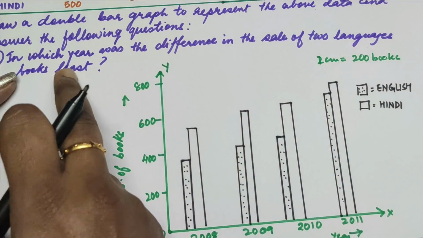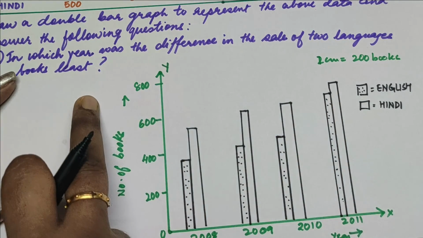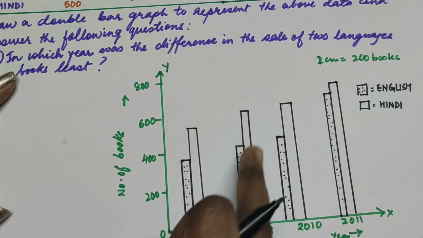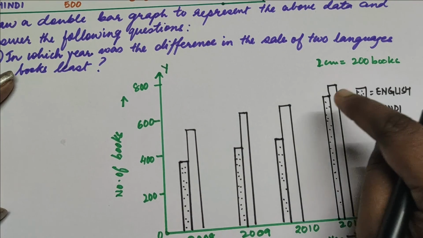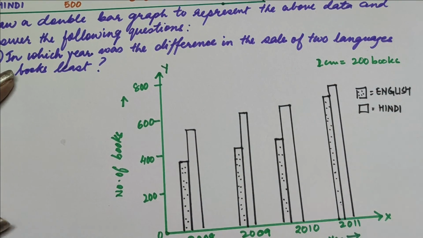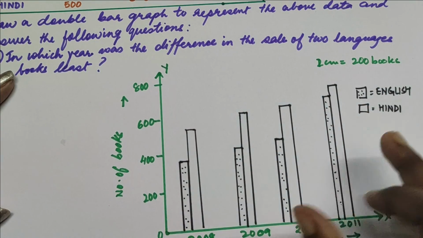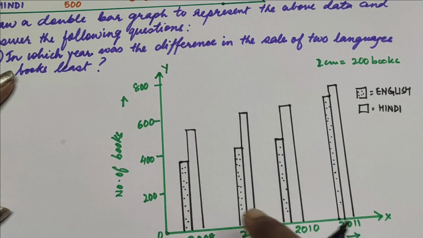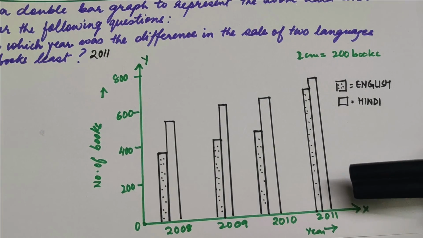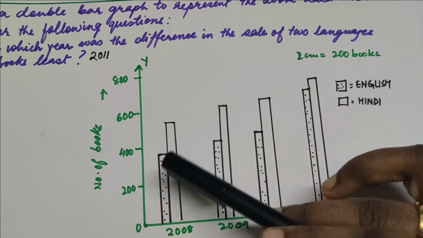So in this question it is asking in which year the difference of sale is the least. So least is obviously this one, so this is 2011. So you can very well write that the difference in 2011 is the least difference. This is how the double bar graph is going to look for the sale of Hindi and English books.